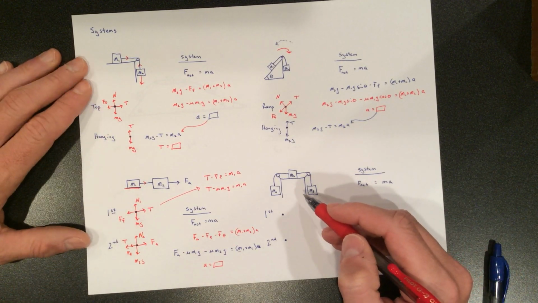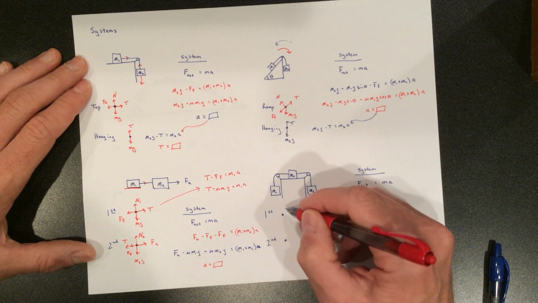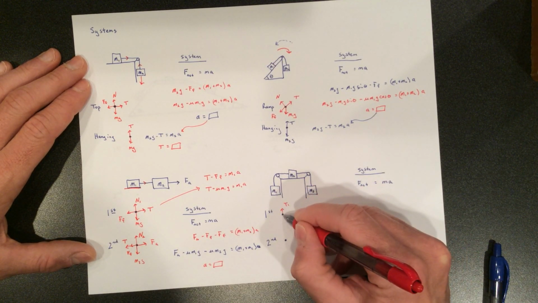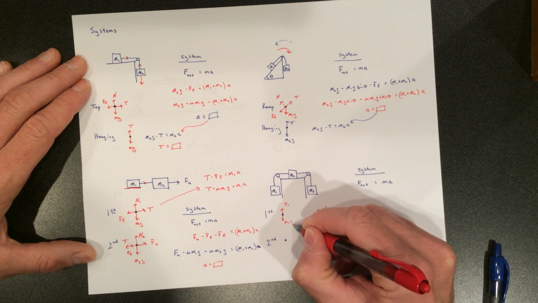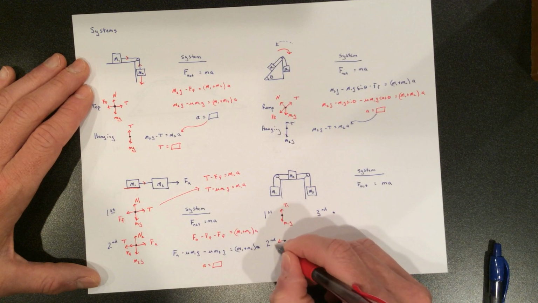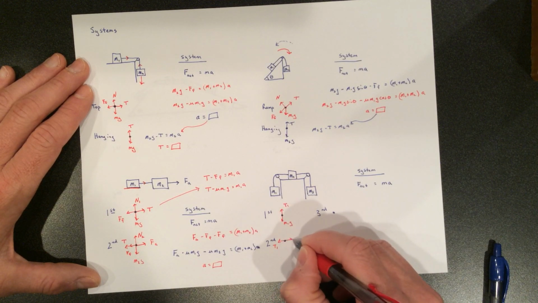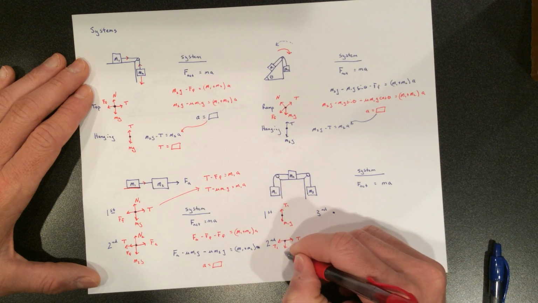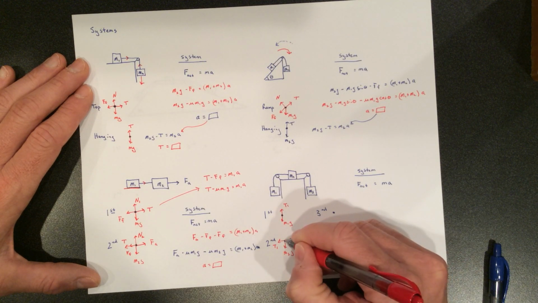Okay, let's look at this guy. So if we looked at this one, box 1 has a tension up, we'll call that T1, and m1g down. Box 2, we got a lot of stuff. We have T1 pulling it left, T2 pulling it right. Those are the ropes. We have m2g down, that's gravity.